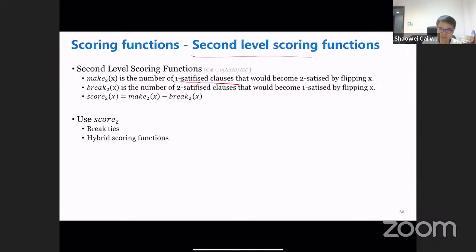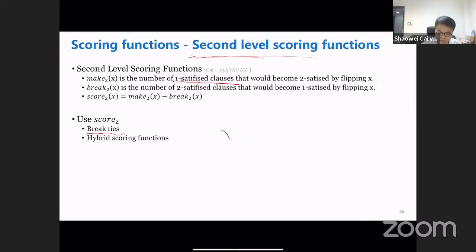So I propose the second level scoring function to measure the change from safe clauses to critical clauses, and this can be calculated in a similar way to the score. And this can be used to break ties when several variables have the same score. We can pick the one with the bigger second level score, right? You can also use it to override the major score.